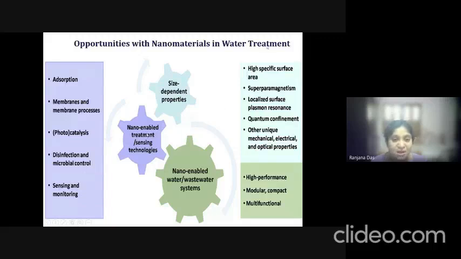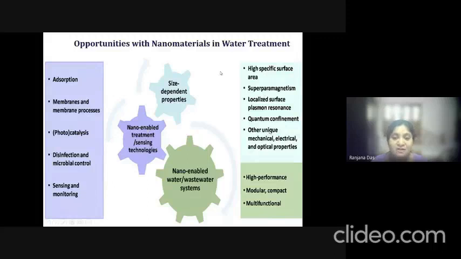And after this nano-enabled treatment design, the final stage is the technology development. With the material, we have to develop some technologies so that it becomes economically feasible, compact, modular, and obviously of high performance. So the nanotechnology application is first of all based on its properties.